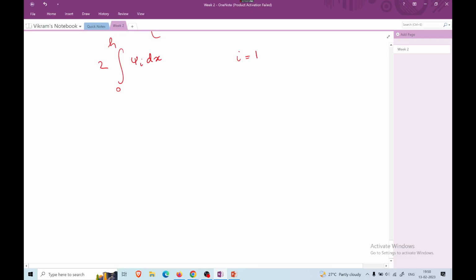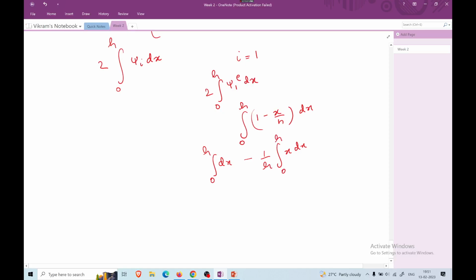So for i equal to 1, 2 integral 0 to h psi 1 dx. So 1 minus x by h into dx from 0 to h. So this is h minus 1 by h into h square by 2.